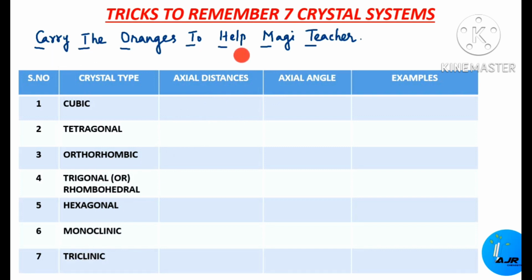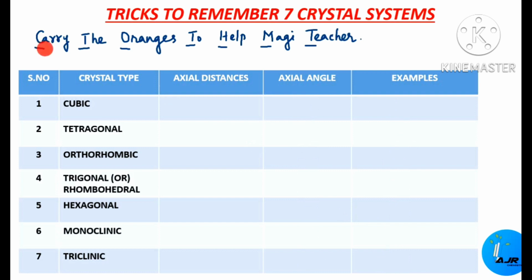So why I am giving this mnemonic is, if you have this mnemonic fixed, it is possible to write the crystals in order like this, so that you won't get confused. It is a must that you write all the crystal types in an order so that we can easily memorize the axial distances and axial angles and also the examples.